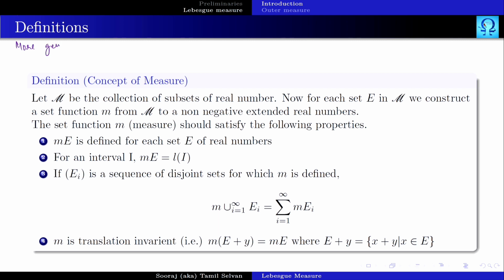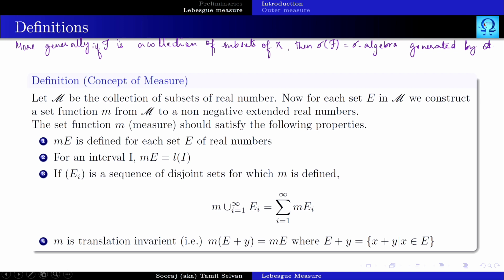More generally, if you have some script F which is a collection of subsets of X, then sigma of F is the sigma algebra generated by F. This has nothing to do with the Borel sigma algebra.